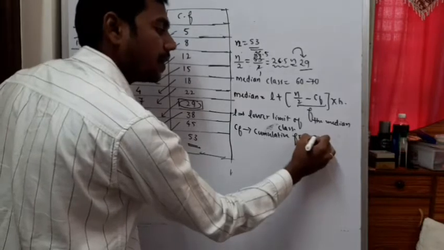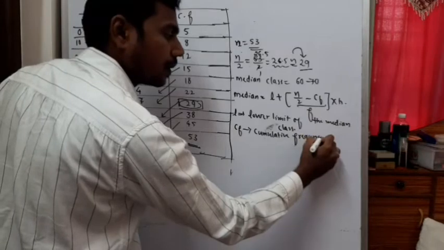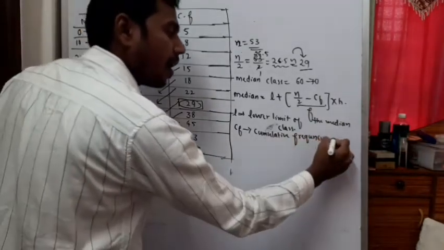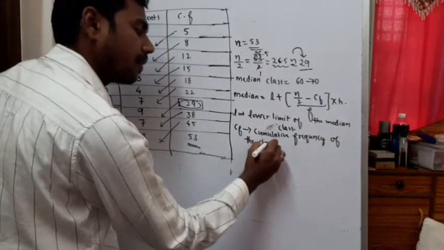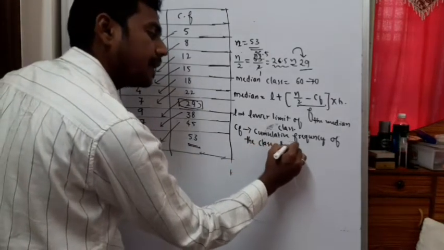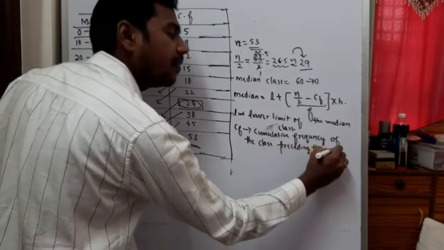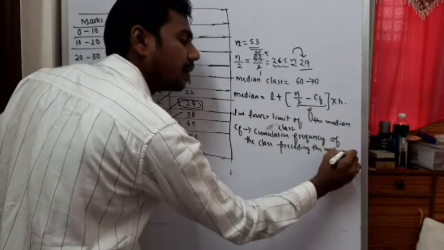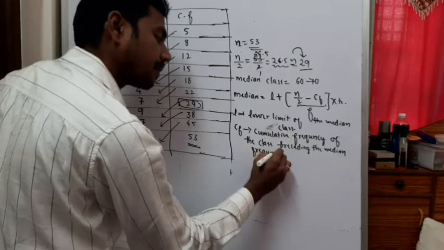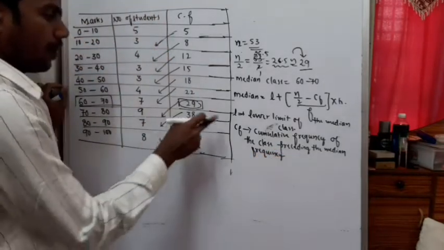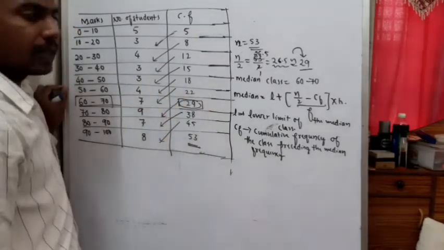CF is the cumulative frequency of the class preceding the median class. So 22 will be the preceding frequency.